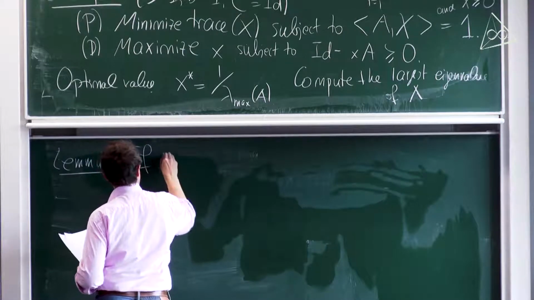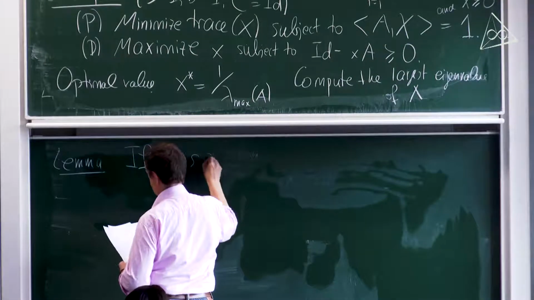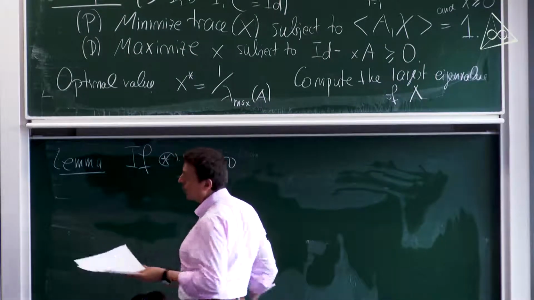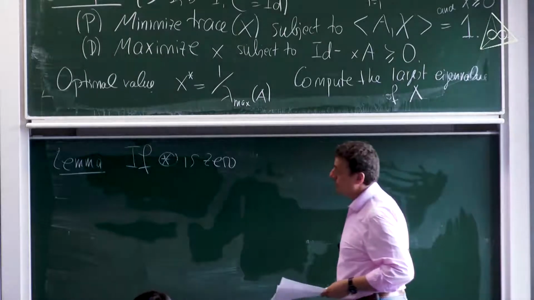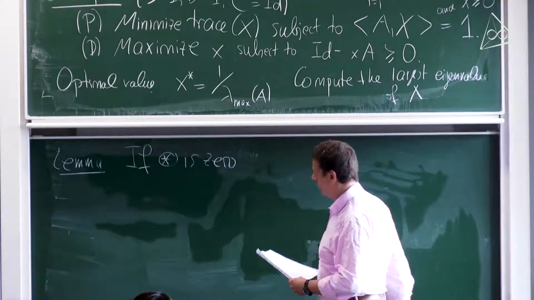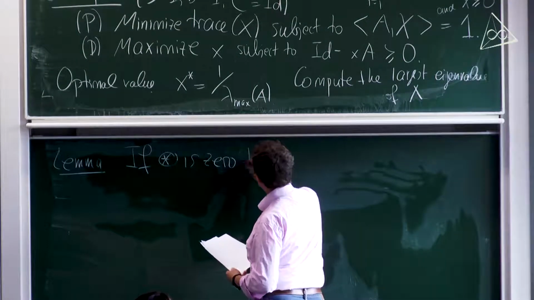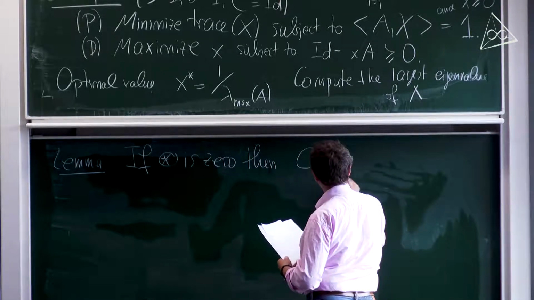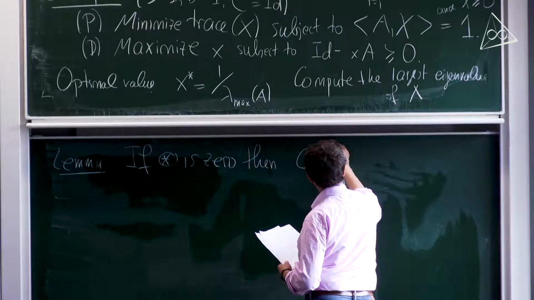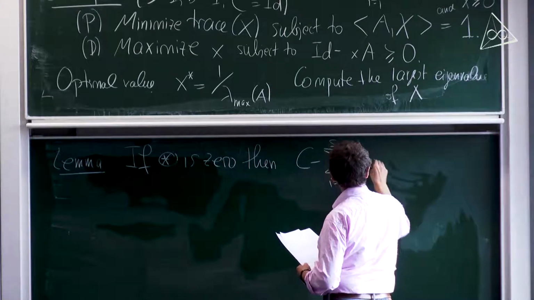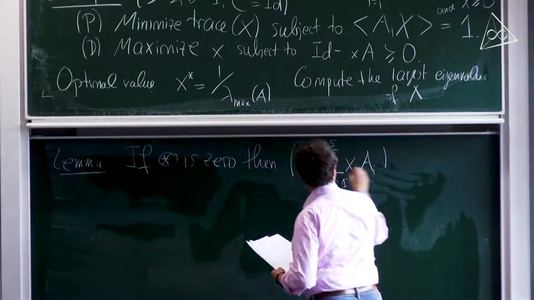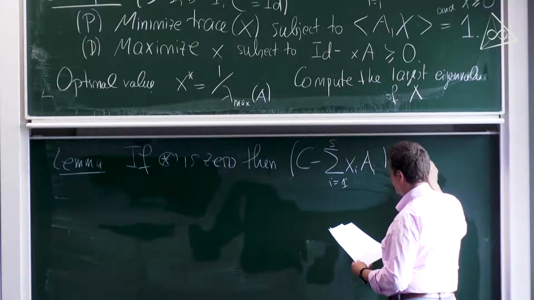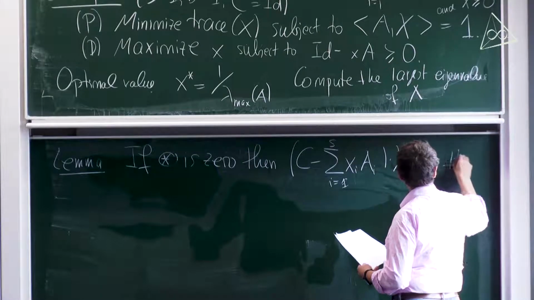So if star is 0, well then we know we have an optimal pair. If equality holds over there, if this is 0, then C minus the sum over i from 1 up to s of xi ai, times X, is the 0 matrix.